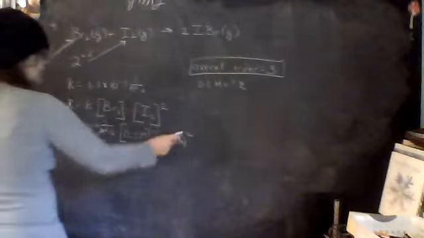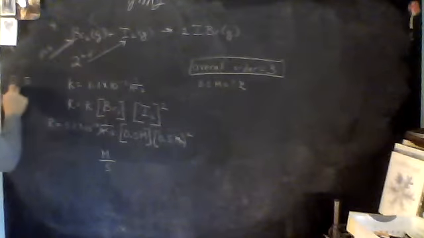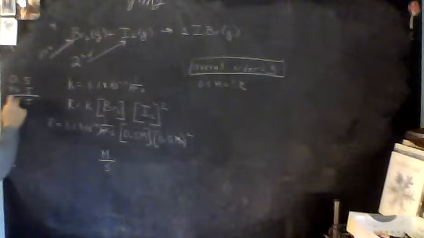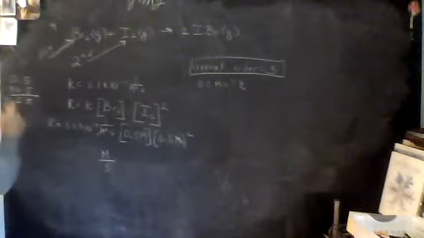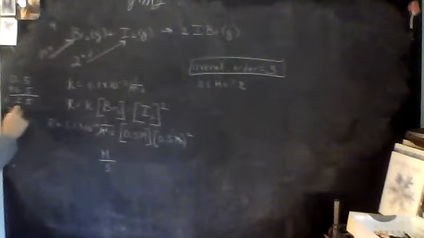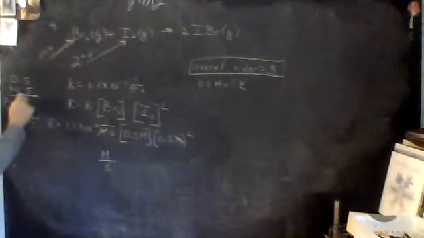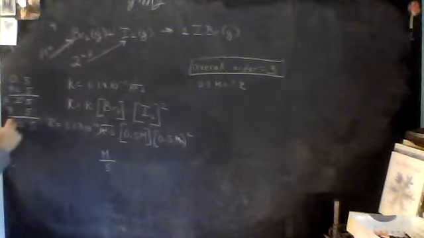So that's good. Let's square this 0.5. What do we got? 0.25, right? And then let's multiply it by 0.5 again. That's 0.125.